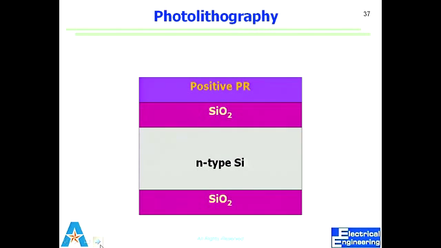And now I take that from that chuck and I put it into a machine that I call a aligner. An aligner essentially has a slot where I put the mask. It has a light source at a certain wavelength, and that wavelength is something that this resist is very sensitive to, right?